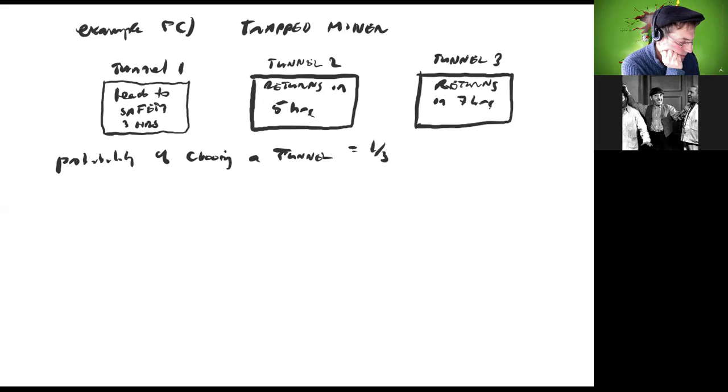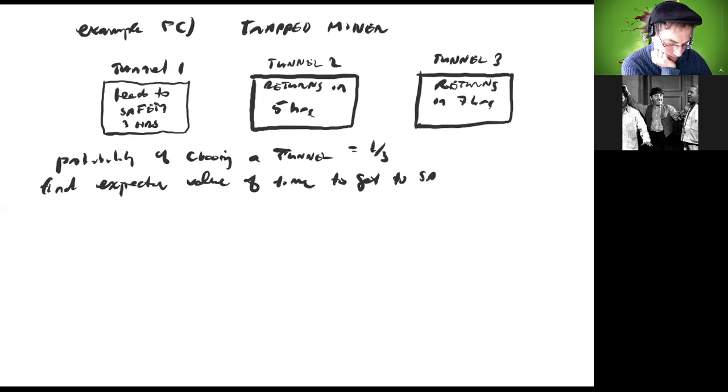We want to find the expected value of the time it takes to get to safety.